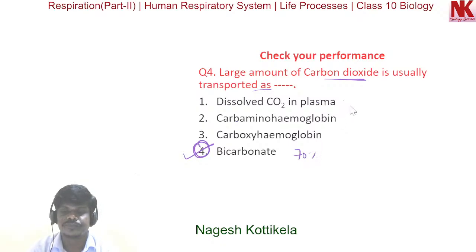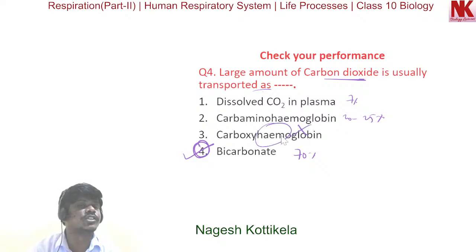Dissolved carbon dioxide is only 7%, carbaminohemoglobin is 20 to 25%, and it is not carried as carboxyhemoglobin. So obviously bicarbonate is right.